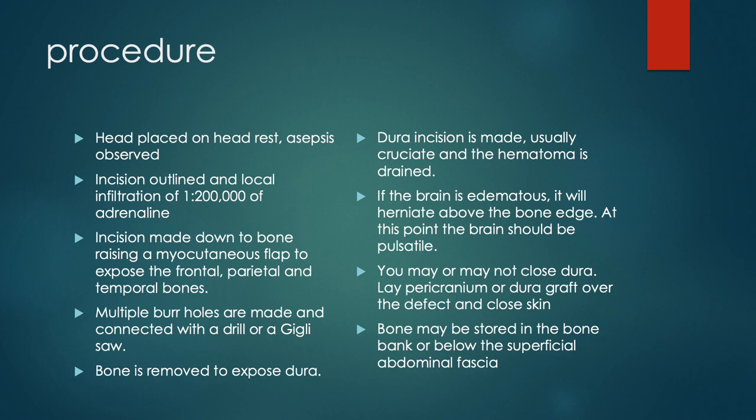It's usually the standard trauma incision or the standard inverted question mark incision for trauma. So it's made down to bone, raising a myocutaneous flap to expose the frontal, the parietal, and temporal bones, and sometimes, if the edema is worse, the occipital bone.